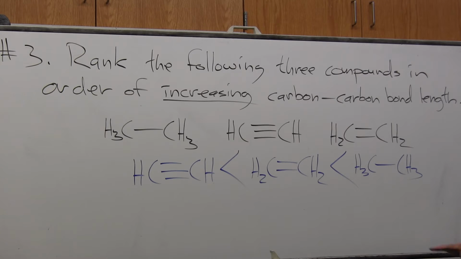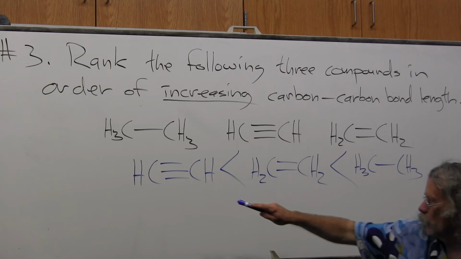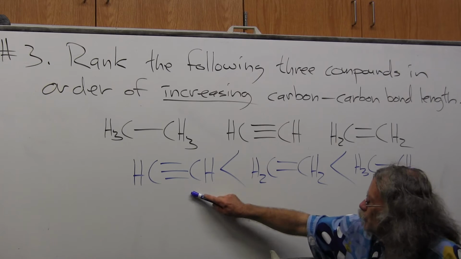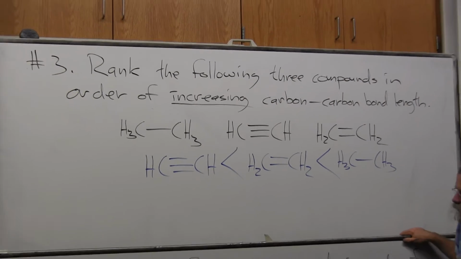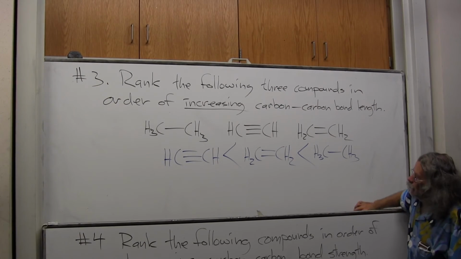So I end up with this sort of an ordering: 1, 2, 3. Triple bond shorter than double bond shorter than single bond. And it's a very simple question. This is gimme points on the actual test. I don't expect anybody to have a problem.